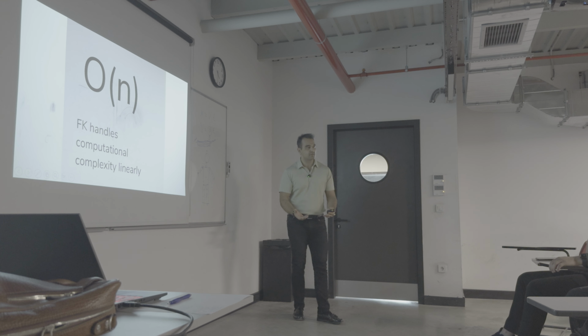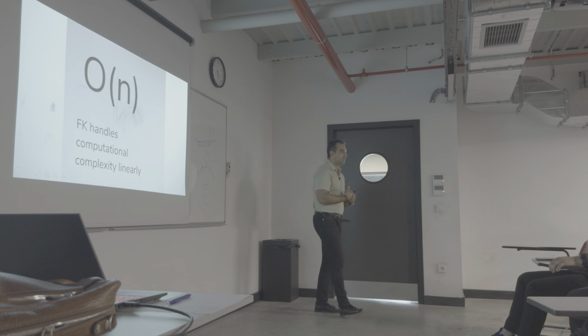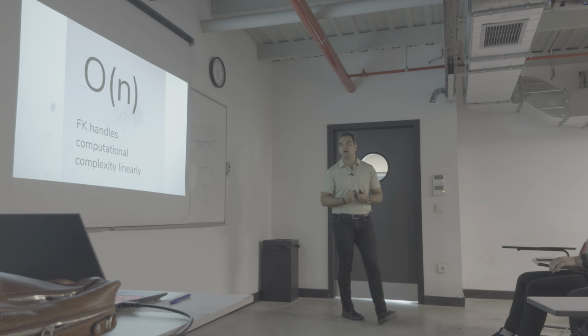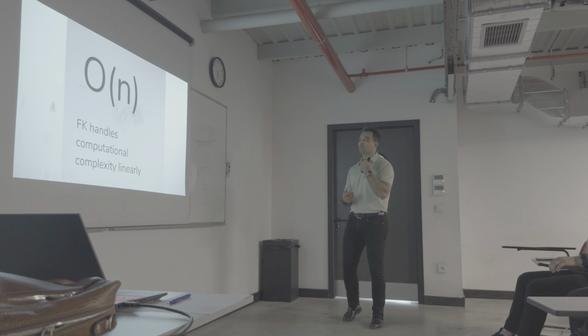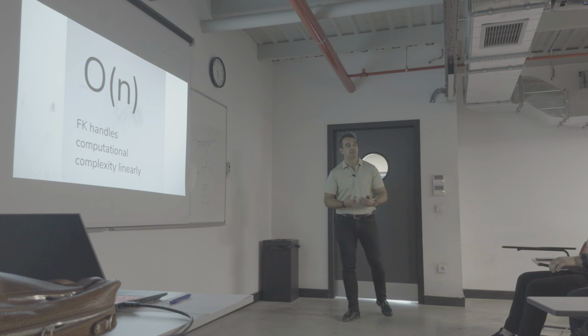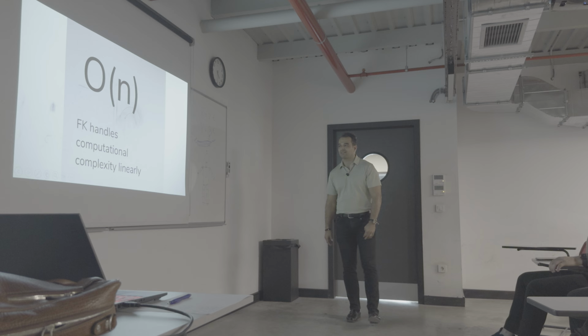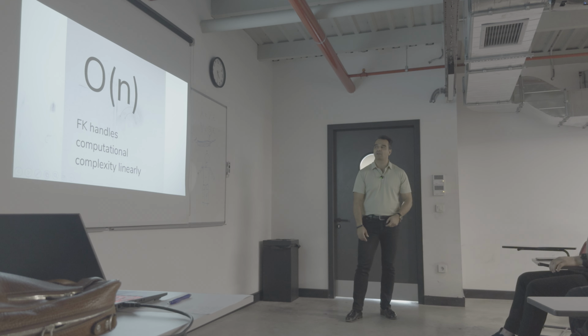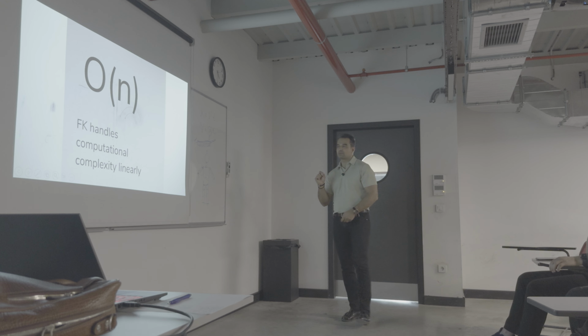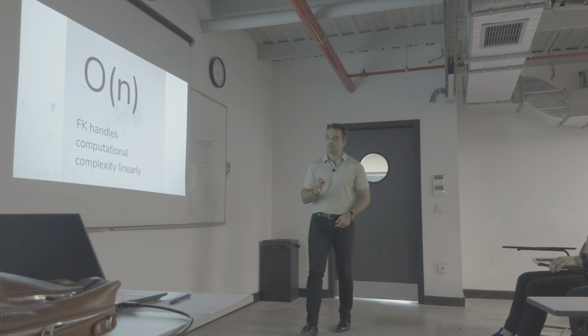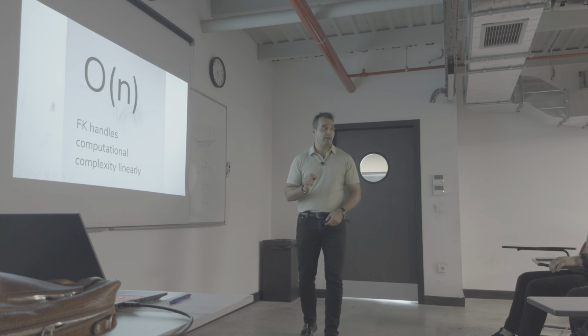For that reason, we have to keep our model at the complexity of O(n), not O(n²), not O(n log n), as much as possible when creating the model. And forward kinematics handles the computational complexity linearly.